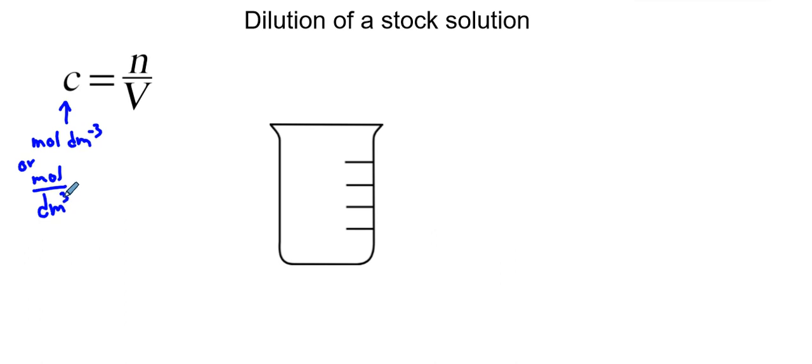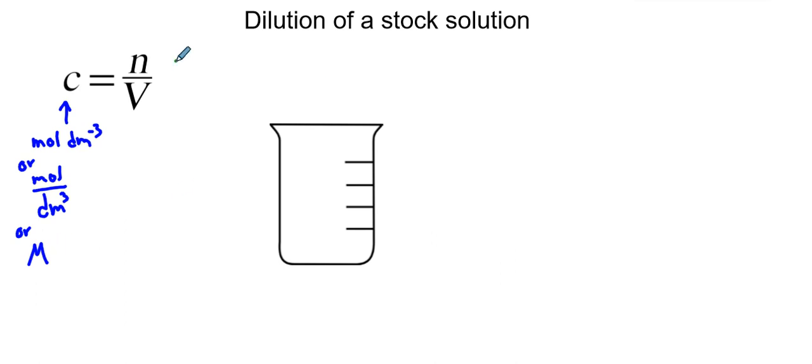Again, you can use liters instead of decimeters cubed if you want. There are other forms of concentration, such as grams per decimeter cubed, but that is not used as frequently. This type of unit can also sometimes be written just as a capital M for molarity, the moles per liter.